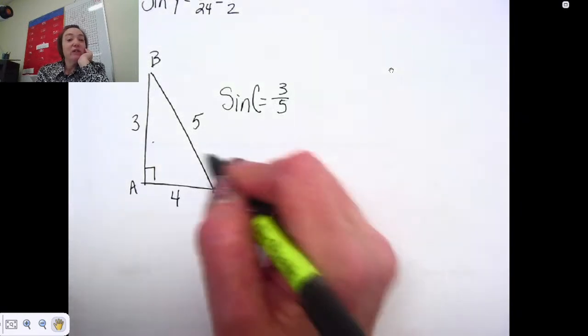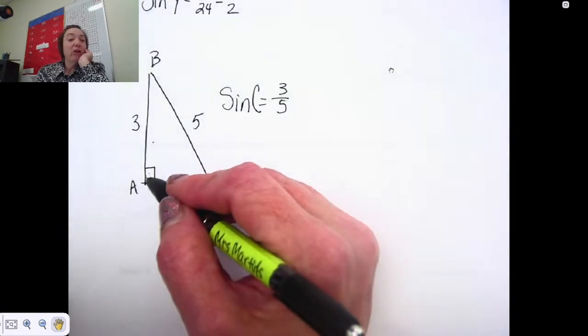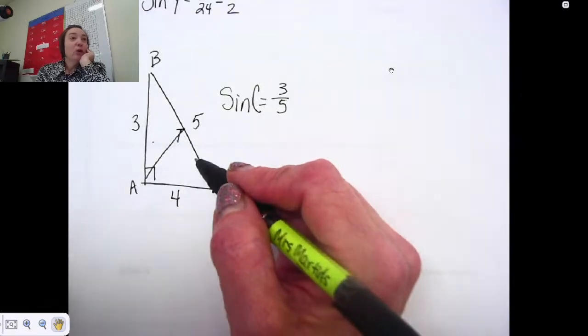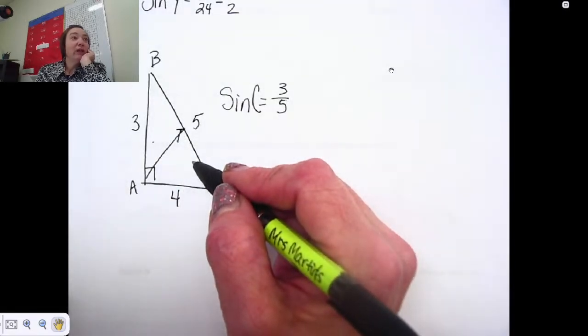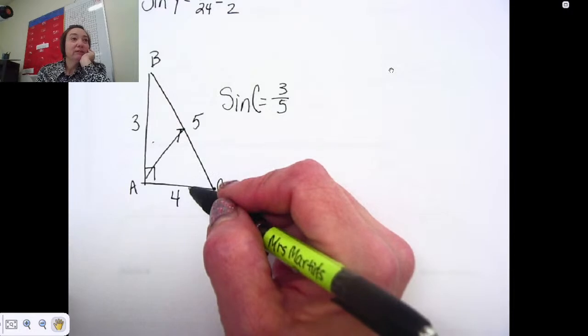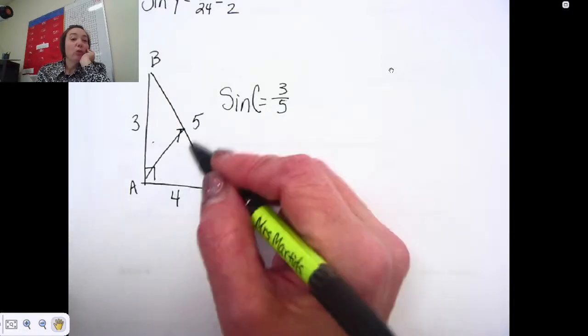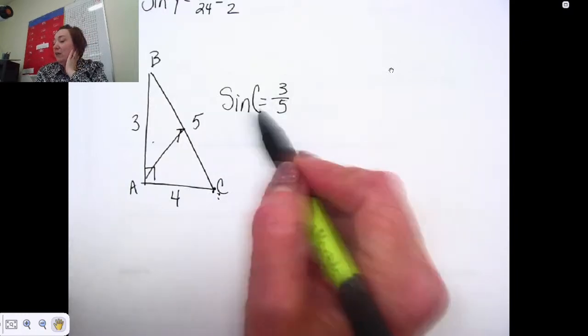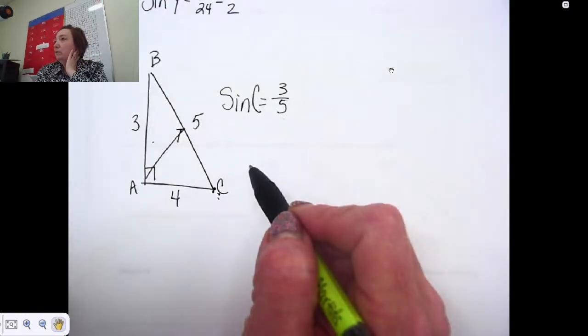The hypotenuse is always across from the right angle. The right angle points to the hypotenuse. Okay, so the sine of that is 3 over 5, right?